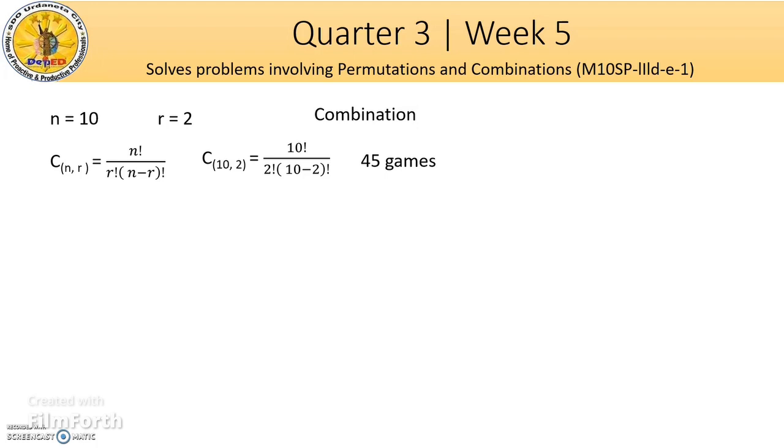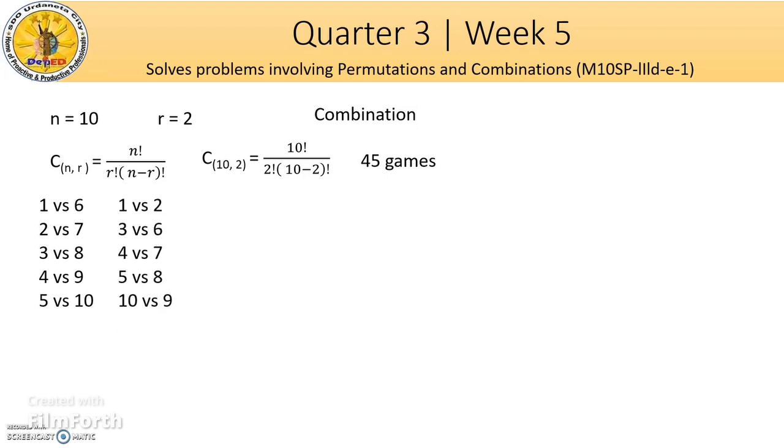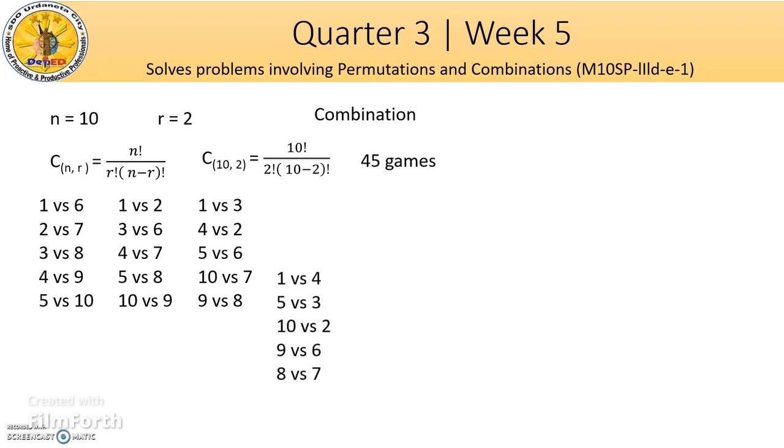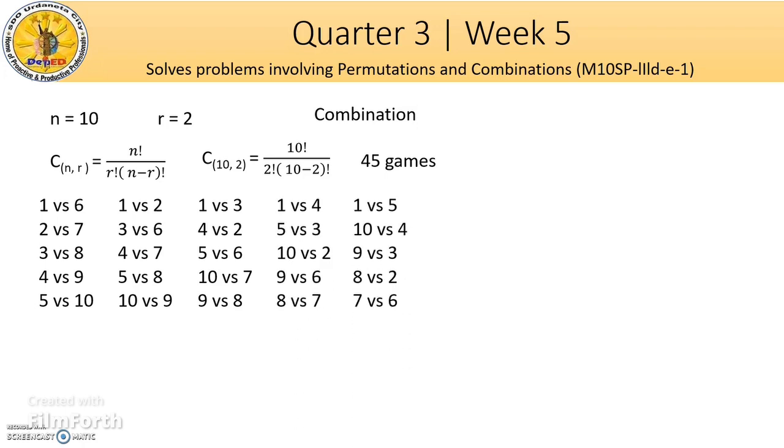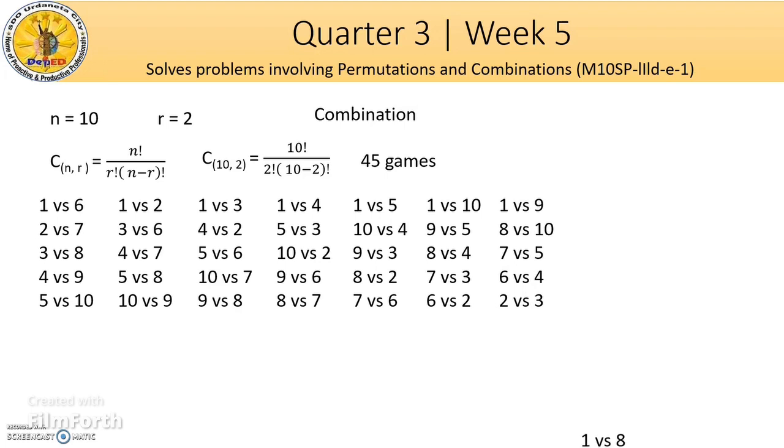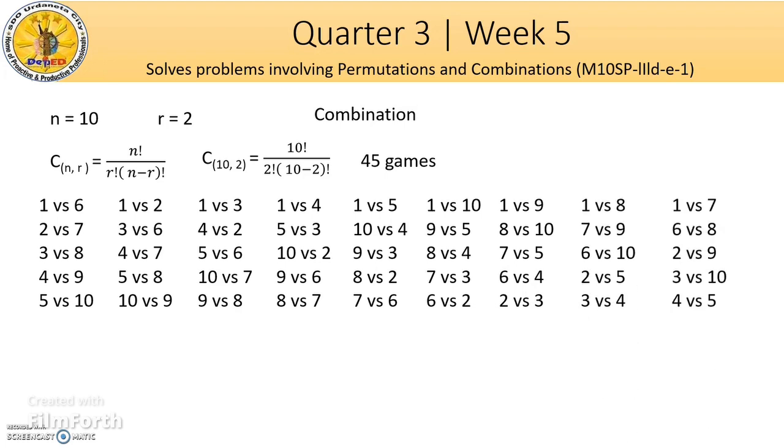And then, we will see if the number of games will be the same. So, in the first round, we have this, second round, third round, fourth round, fifth round, sixth round, seventh round, 8 rounds, 9 rounds. You will notice, if you count, each team has 9 games played. So, you total all of that schedule, and the total is 45 games.